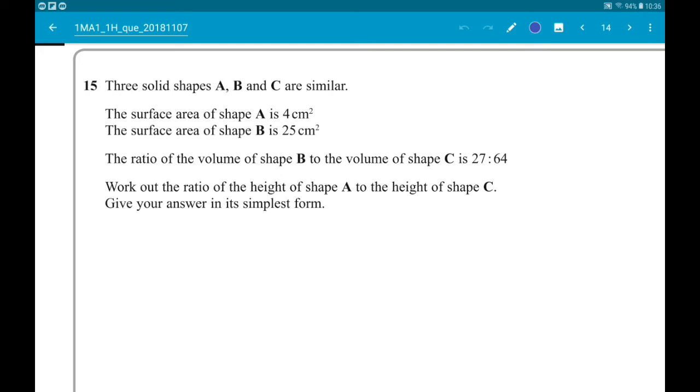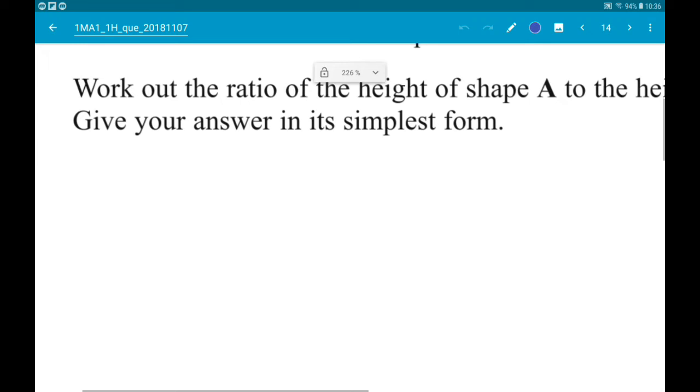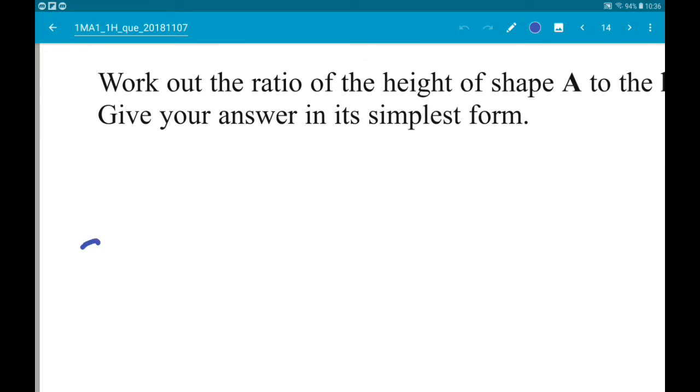Okay, so we can first of all write down a ratio for the surface area of A to B. So, surface area then of A to B is 4 to 25.